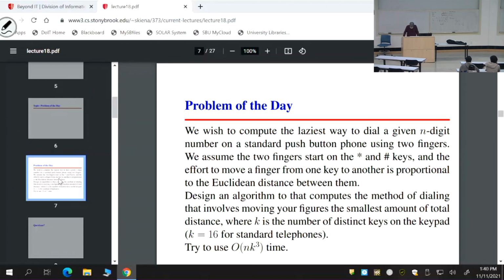And the daily problem has to do with typing on a keyboard where basically it's like a piano. So we've got a keyboard here. Let me erase this.